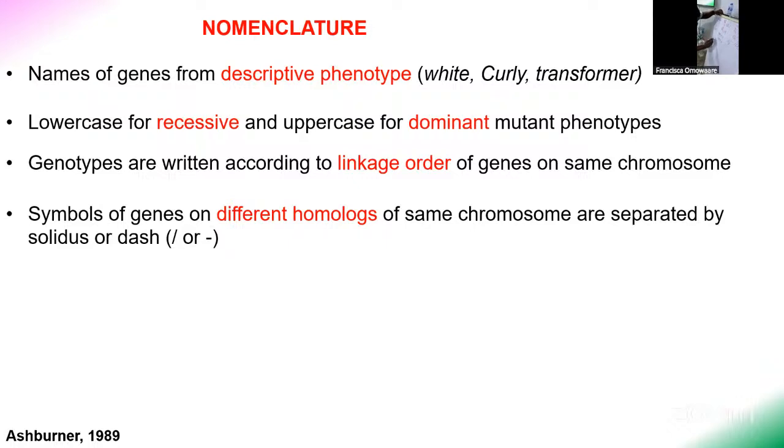So you can have KRAS over your balancer. Now, who will be able to tell me what chromosome this is? KRAS over CyO. I think we sent you some material and I've given you some clues. So who can tell me what chromosome KRAS is inserted in?